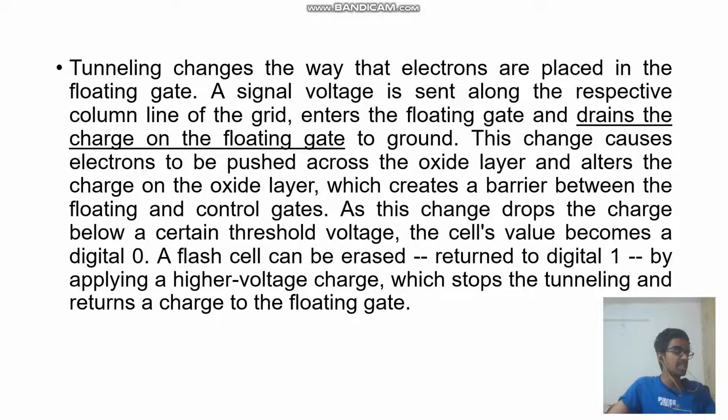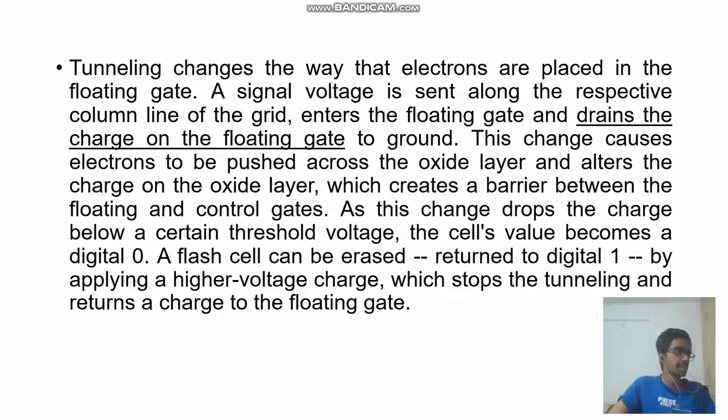A signal voltage is set along the respective column line of the grid, enters the floating gate and drains the charge on the floating gate to the ground. This causes electrons to be pushed across the oxide layer and alters the charge on the oxide layer, which creates a barrier between the floating and control gates. As this change drops the charge below a certain threshold voltage, the cell's value becomes a digital 0.